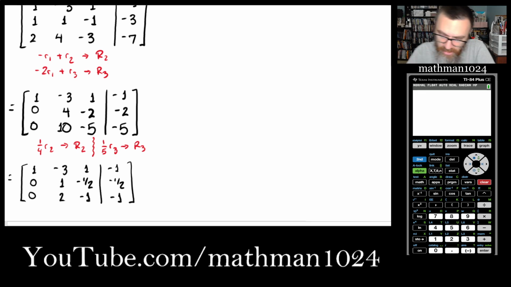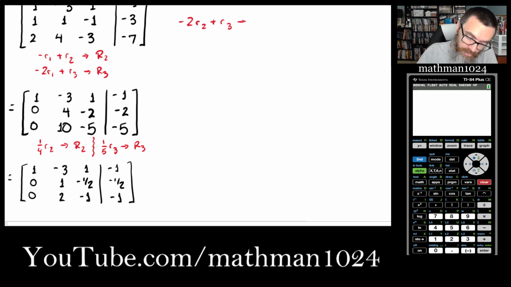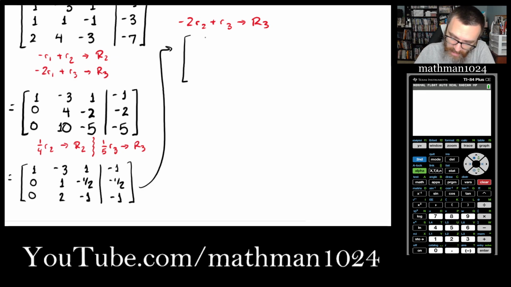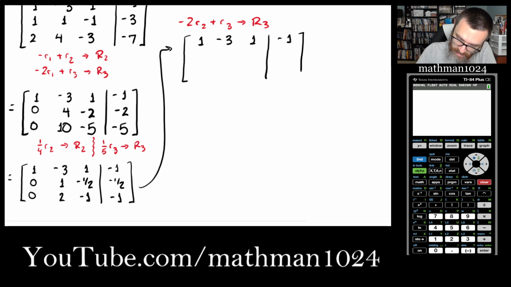All right, so I now need to get a 0 here. Should be simple enough because I've got a 1 above that. If I do -2 times row 2 and add that to row 3, let's see what we get. Okay, so we're just going to copy this guy. So we have 0, 1, -1/2, and -1/2.